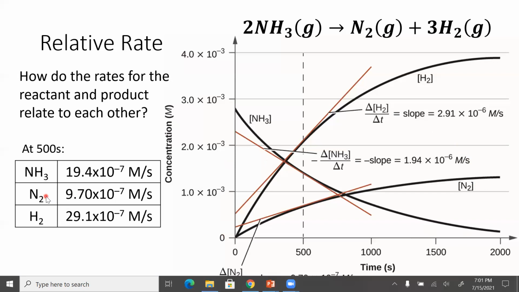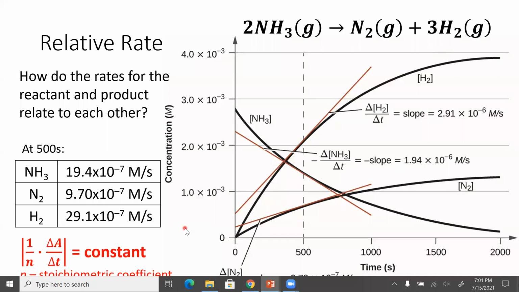If we were to look at nitrogen, nitrogen's being produced at a rate of 9.70 times 10 to the minus 7 moles per liter per second. And hydrogen is being produced at a rate of 29.1 times 10 to the minus 7 moles per liter per second. Now, these numbers aren't the same because the coefficients in the balanced equation aren't the same.